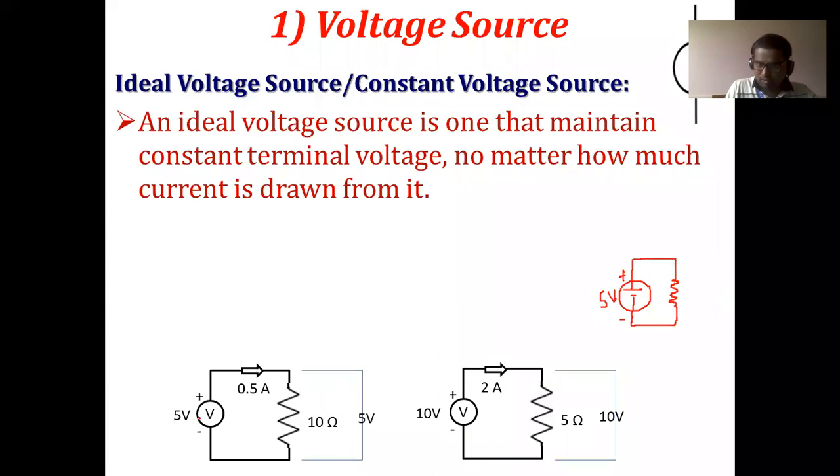Now, as we assume that this is ideal, it means that the voltage between the two terminals A and B is always constant, and this A and B is connected to the 20 ohm. So can you tell me how much is the voltage across this 20 ohm resistance? It's 5 volt.